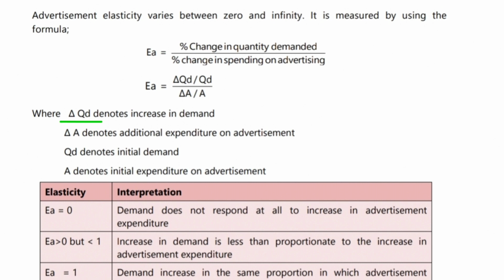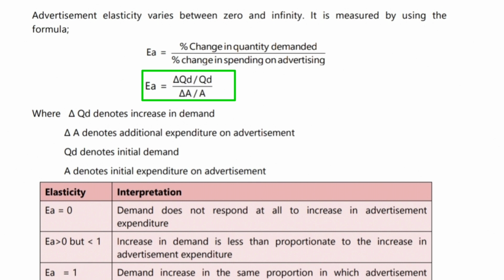As I already told you, delta QD denotes the increase in demand, delta A denotes the increase in advertisement expenditure, QD is the original demand, and A is the original expenditure. So EA is equal to delta QD divided by QD, both together divided by delta A divided by A.